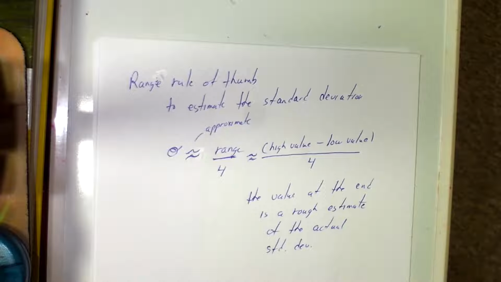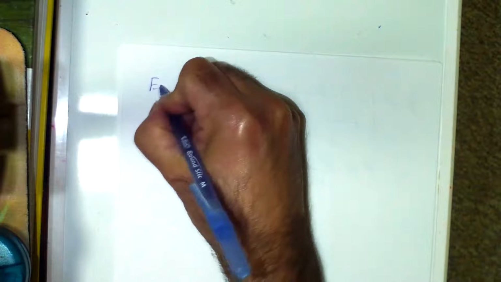So the first one that they refer to is called the empirical rule. So let's look at the empirical rule. Let me show you where it is in the book. The empirical rule.